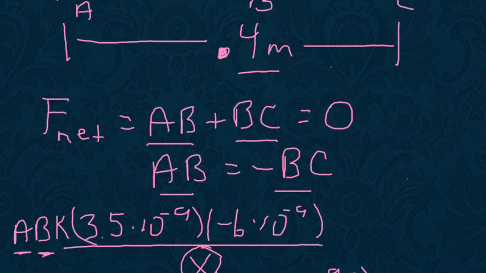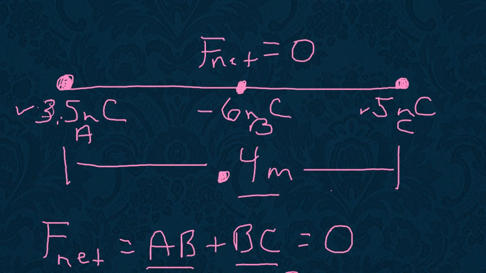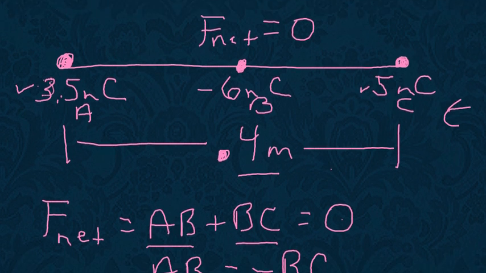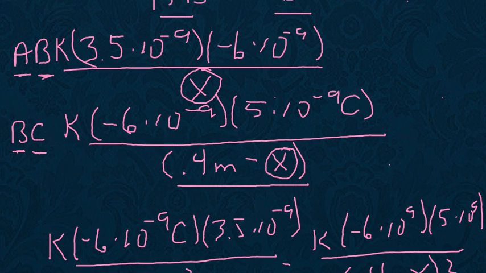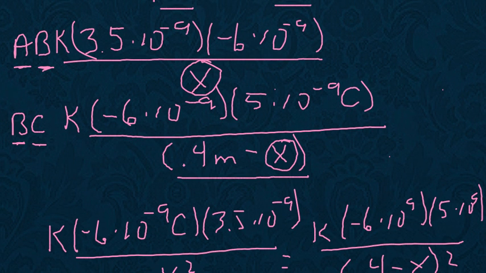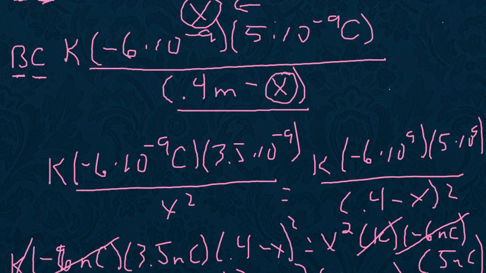So, first off, sketch your situation, as always. Think about our idea of net force and how we can set our forces equal to each other in order to solve for perhaps an unknown in the equation, in this case, the idea of distance. Set up Coulomb's law for one charge pair, identifying our distance variable as x.